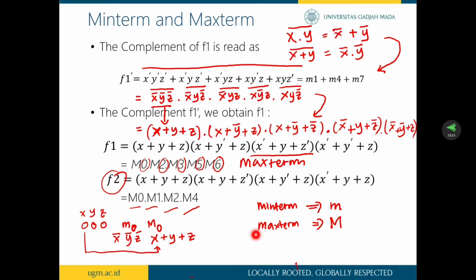So if x is 0, we write x in max term. And y is 0, so we write x or y, uncomplemented because y is 0. And z is 0 here, so we write z as an uncomplemented variable for the max term form.